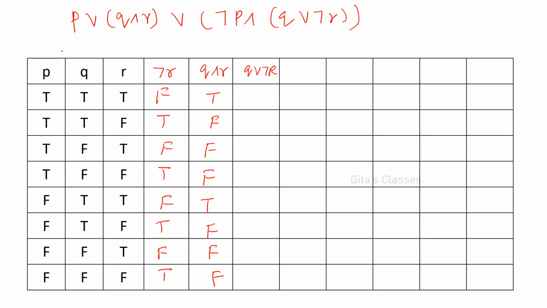Next is Q or not R. I'll write the numbers here: 1, 2, 3, 4, 5, 6, 7, 8, 9, 10, 11. So Q or not R means: where is Q?